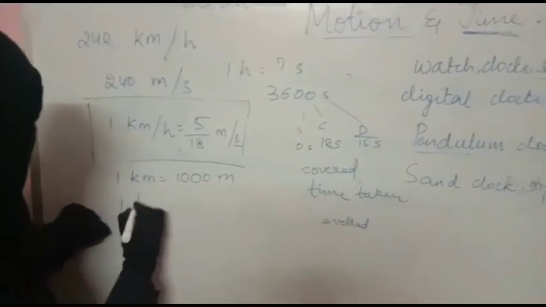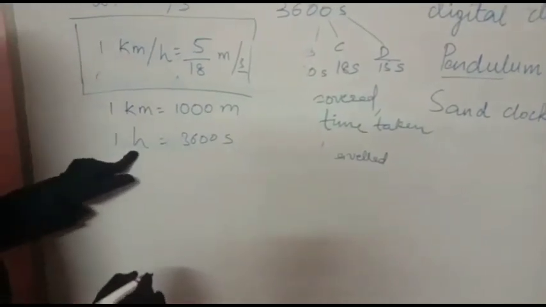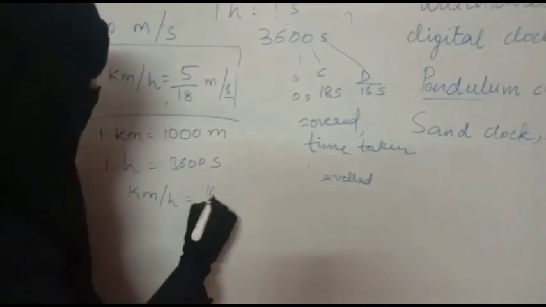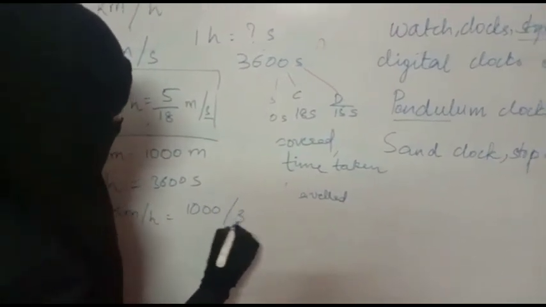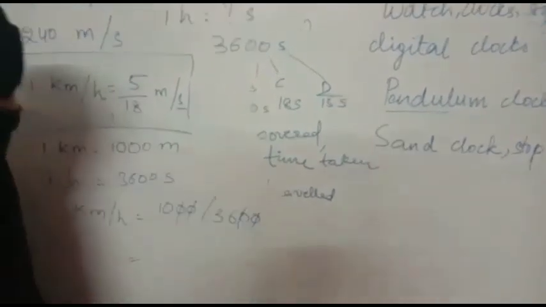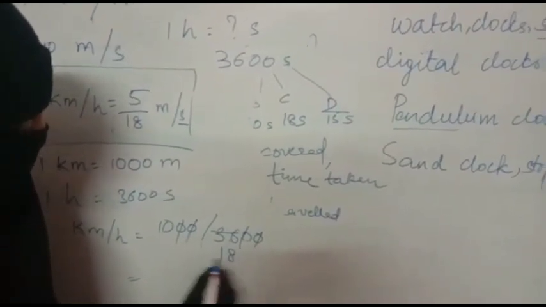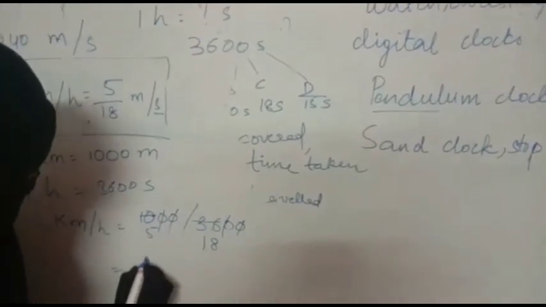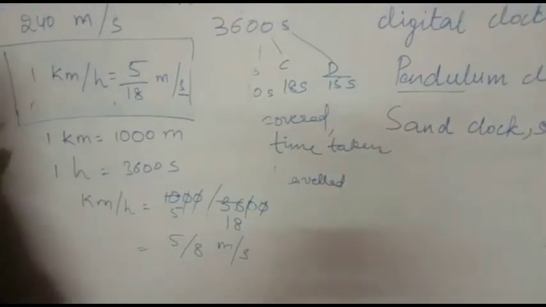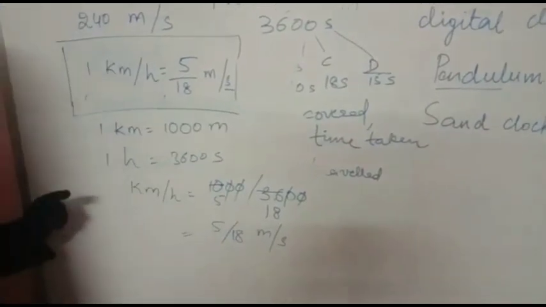Substitute this in the formula: kilometer per hour equals 1000 by 3600. First, the zeros cancel. Now doing the 2 table: 2 ones are 2, 2 eights are 16, 2 fives are 10. So we got 5 by 18 meter per second. This is 1 kilometer per hour equals 5 by 18 meter per second.